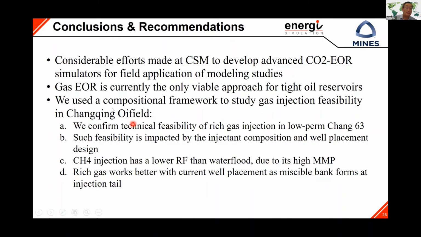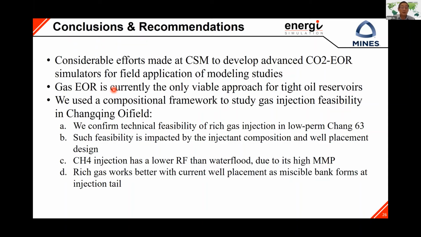Again, I want to emphasize gas EOR is currently the only viable approach used for tight oil production in the US, because I work on real tight oil reservoirs in the US and also China. Currently we have maybe $41 per barrel of oil price. Gas EOR is still okay now, still can be feasible.